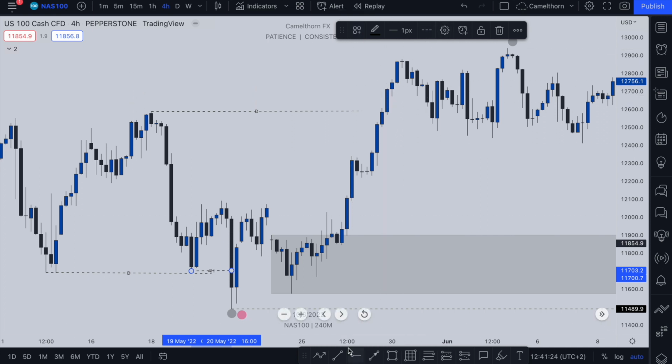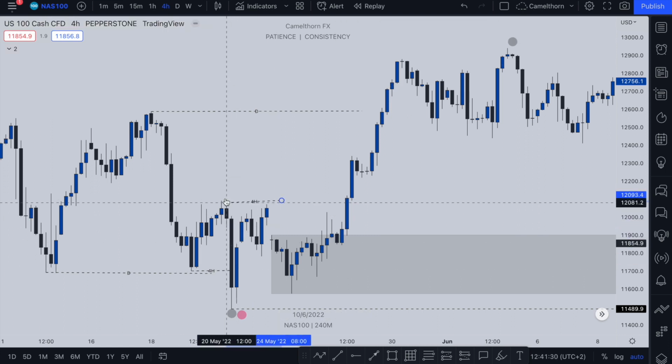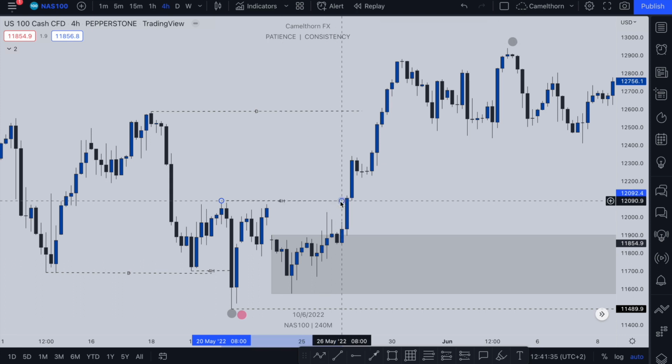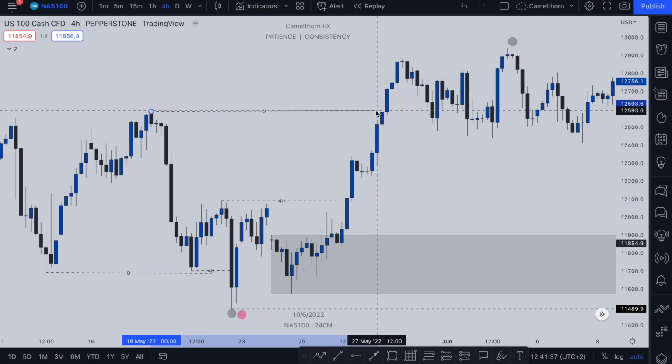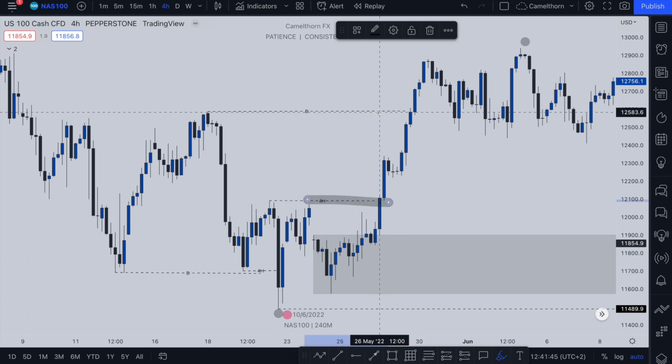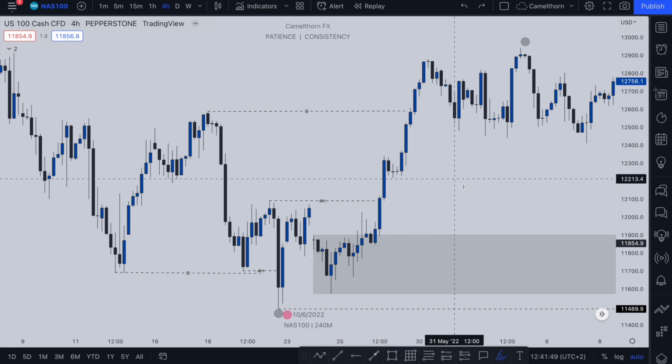And what that means is that your changes in trend will always occur first on your lower time frames before they occur on your higher time frames. And you can see that in here, because first of all, you had a 4-hour change of character which occurred here, and that was then followed by a daily change of character, right?